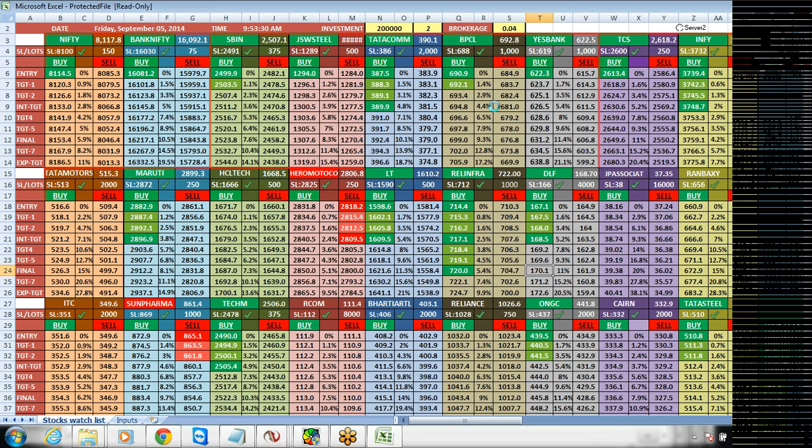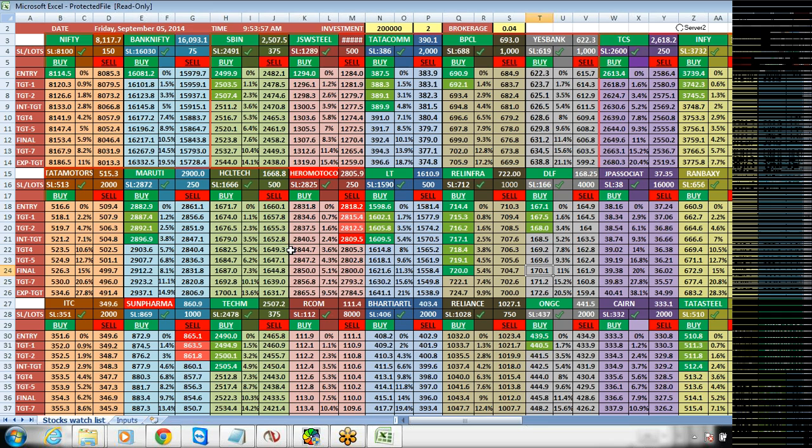You can trade on all the F&O scripts that are available in the NSE. Yes Bank has got a buy call at 622.3.